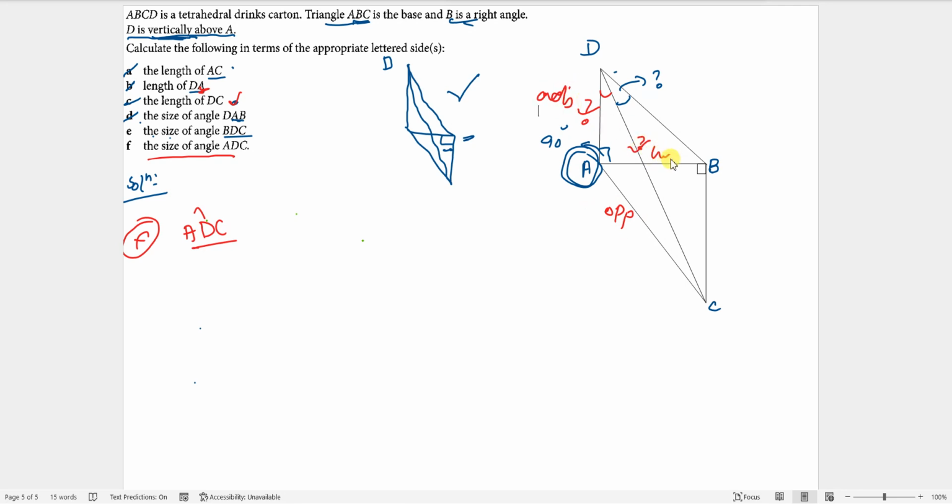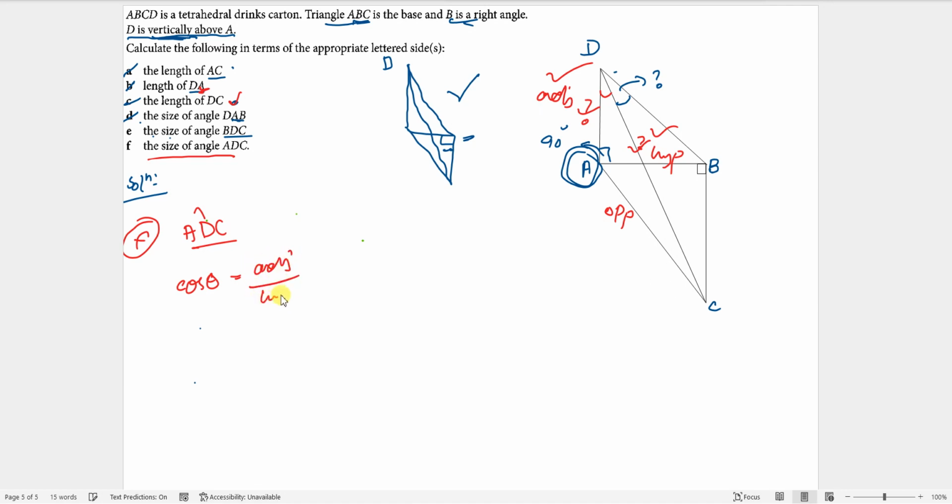So we have adjacent and we have hypotenuse, so we can use the formula cosine. So we can write cos theta is equals to adjacent by hypotenuse.